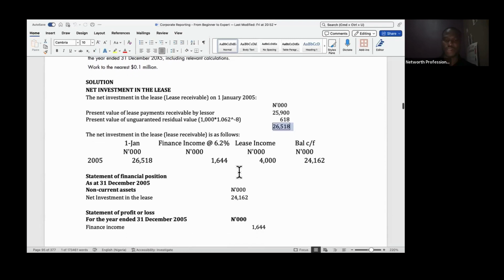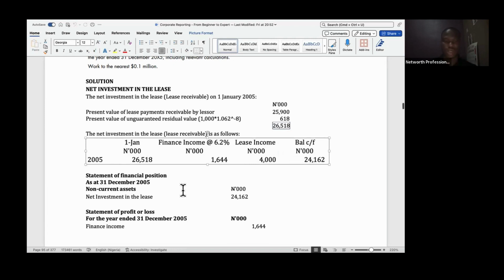So at the beginning of 2005, it was 26,518. Add finance income of 6.2%. If you apply 6.2% on 26,518, you get 1,644. Deduct your lease rentals of 4 million, and it brings it down to 24,162, and that's it.